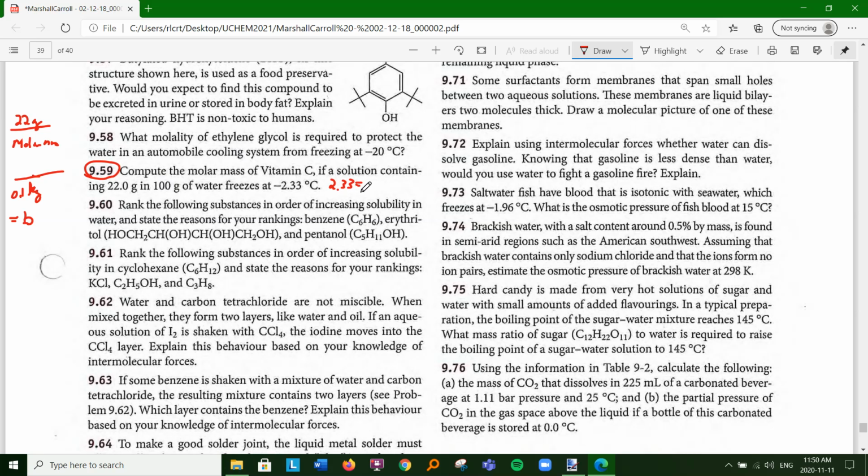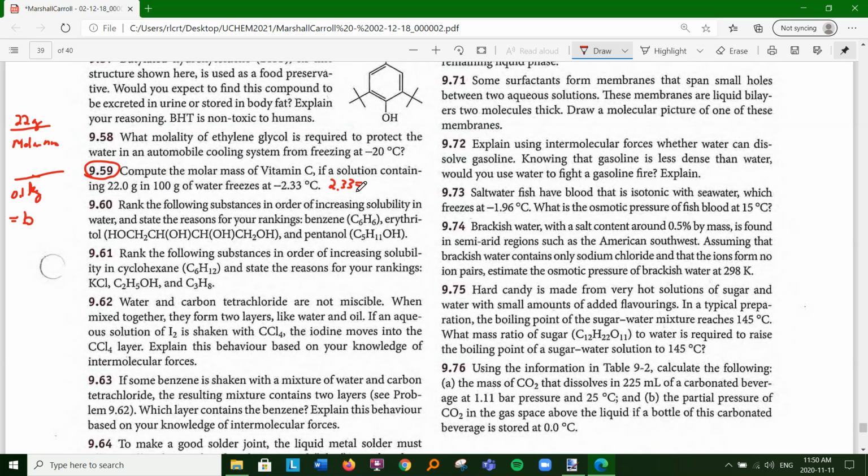Kf is, I forget, 1 point. I don't have the answer, so let me go back here. 1.86 or 1.858? 1.858.